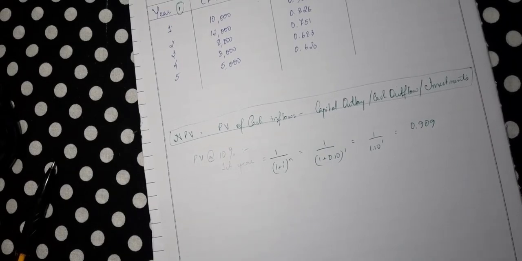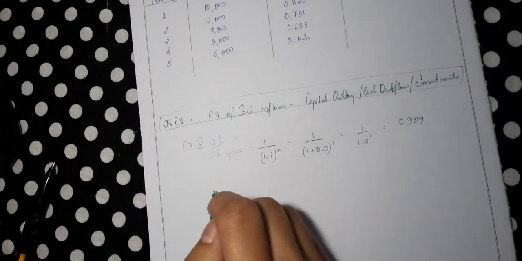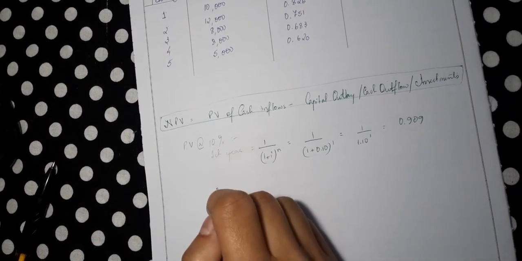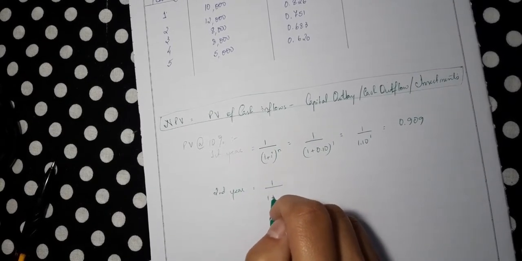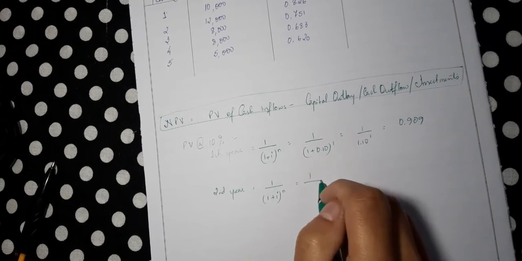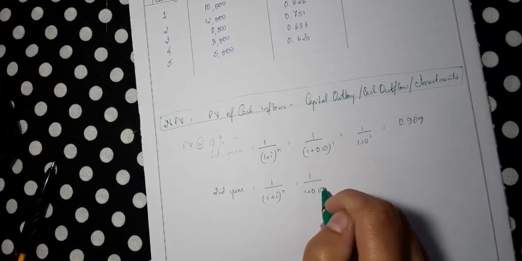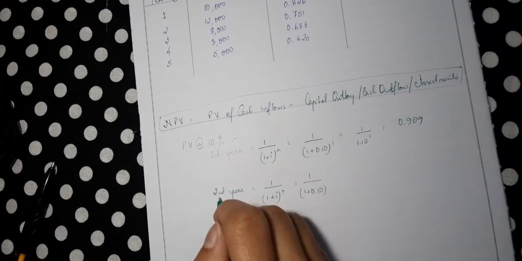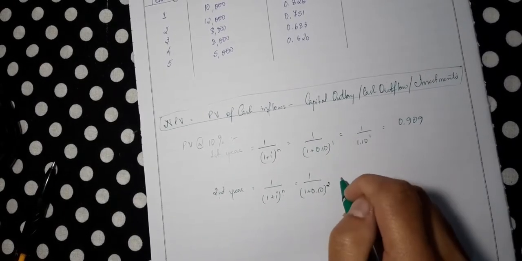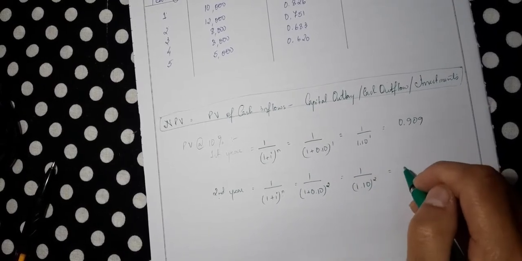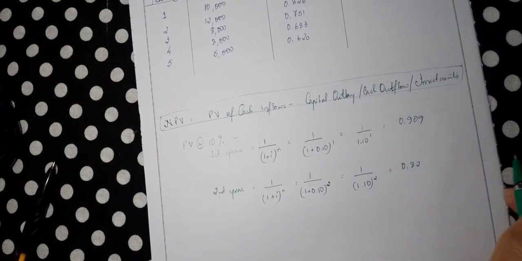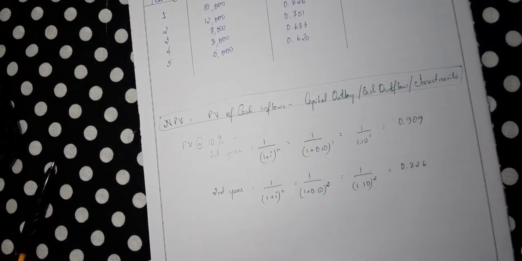Just like as we've done when we were calculating time value of money, if you remember. I've also provided you with the tables with regards to this calculation. So I'll just show you the second and the third year calculations as well. For the second year, it's equal to 1 divided by 1 plus i to the power n. So it's equal to 1 divided by 1 plus 0.10 because 10%, and n is the number of years, so to the power of 2, is equal to 1 divided by 1.10 squared, which should equal 0.826 approximately.